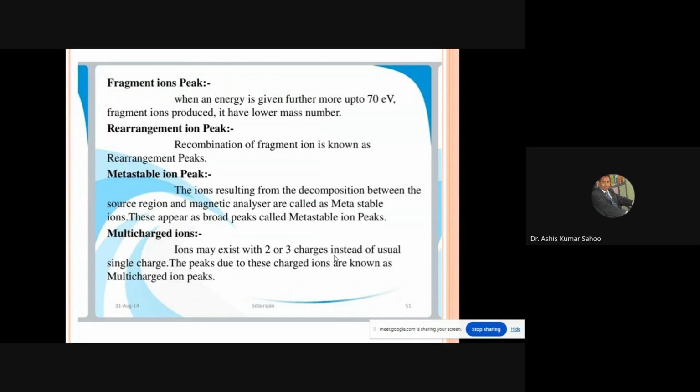Atoms may exist with two to three charges instead of a single charge. The peaks due to these charged ions are known as multi-charge ion peaks.